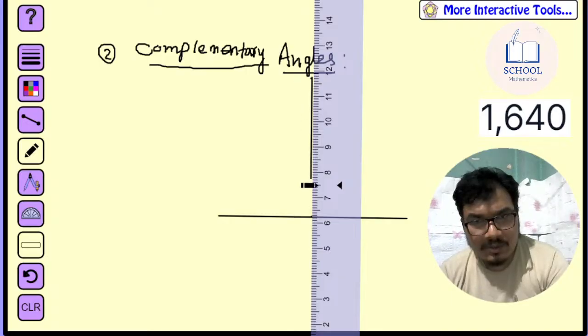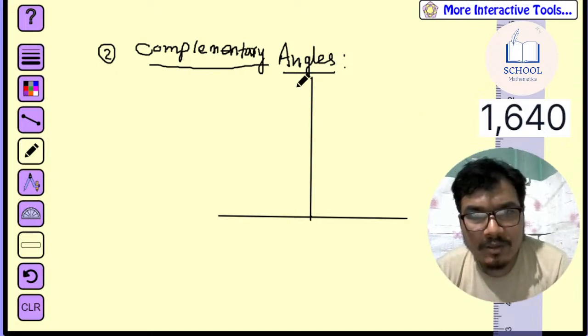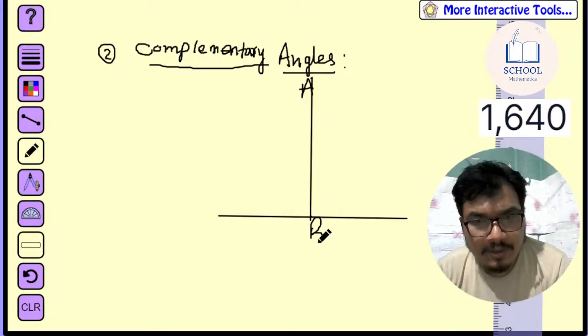Let's join this one, okay. Like this, we can put here one angle is ABC here this side, and ABD.